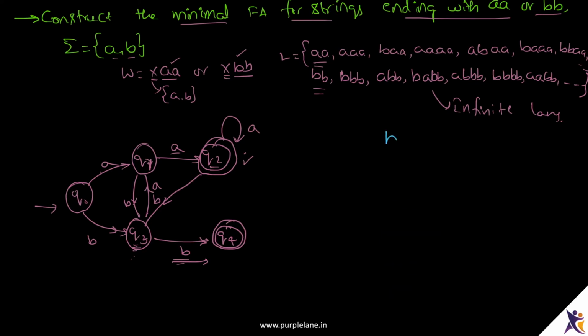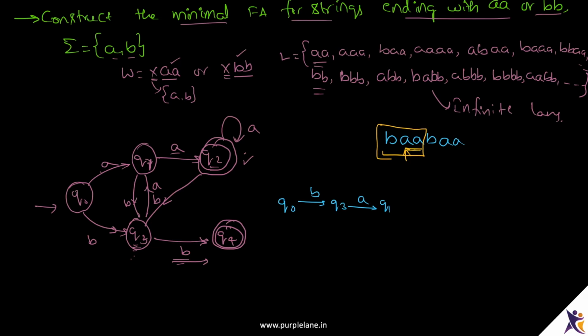Let's consider the string BAAB. The input header is here. From Q0 on seeing B, the input header goes to Q3. On seeing A from Q3, it goes to Q1, hoping that the string might be ending with AA here and I can accept the string if it ends at this position.